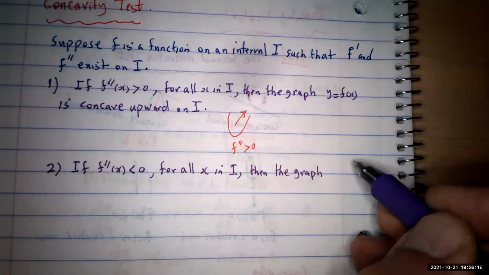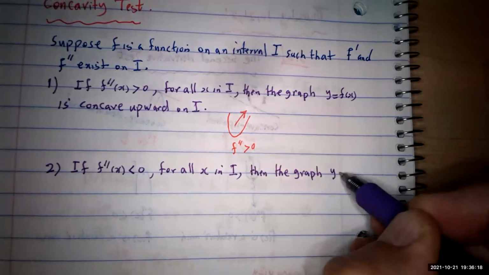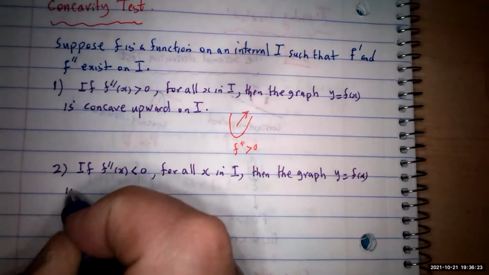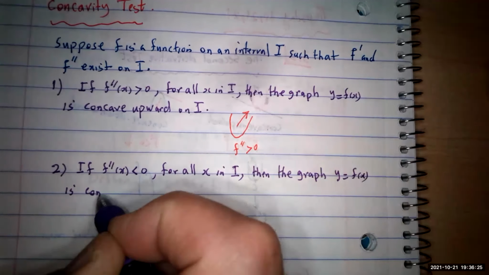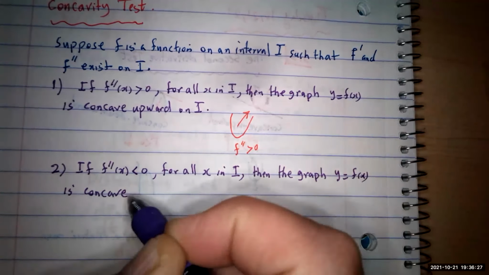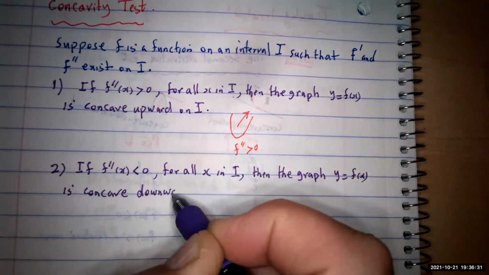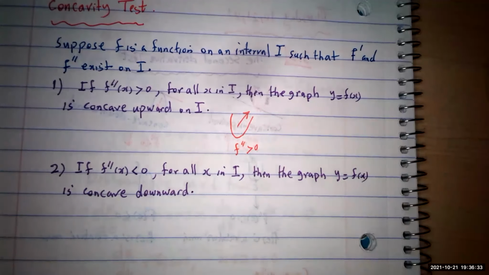The graph of y equal to f of x is going to be concave downward. Okay, so this is going to be the second case.